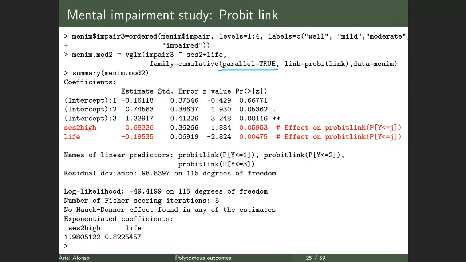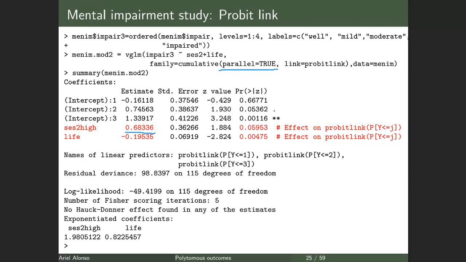And as you can see, the coefficient of socioeconomical status was positive, and that basically means that people that have a high socioeconomical status tend to have a probability of y smaller than j larger than individuals that have a lower socioeconomical status. And remember that one is well.